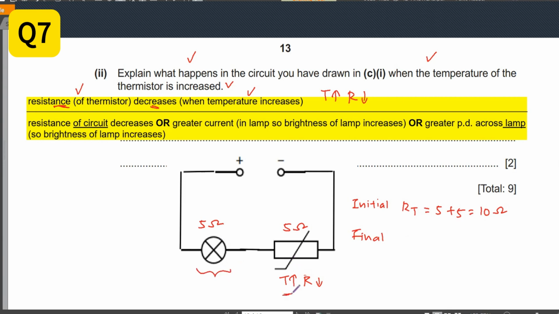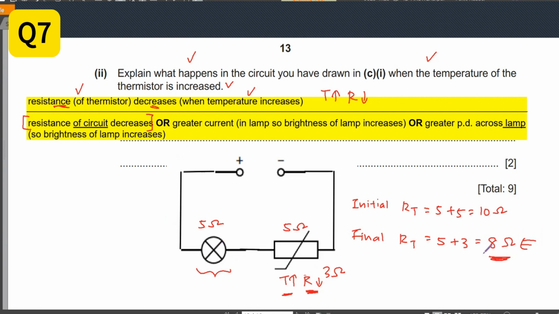Now temperature increases, resistance decreases for the thermistor. Let's say now it decreased to 3 ohm, for example. Now the total resistance will be 5 plus 3. So the total resistance decreases. Essentially, the resistance of the circuit decreases. This is how the thermistor will affect the total resistance of the circuit itself.